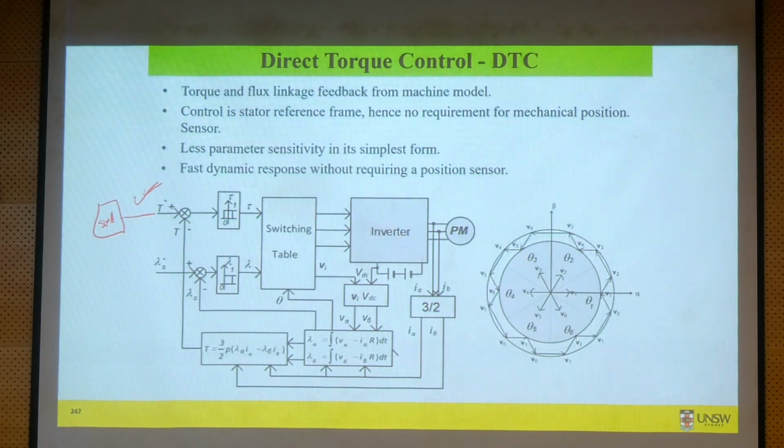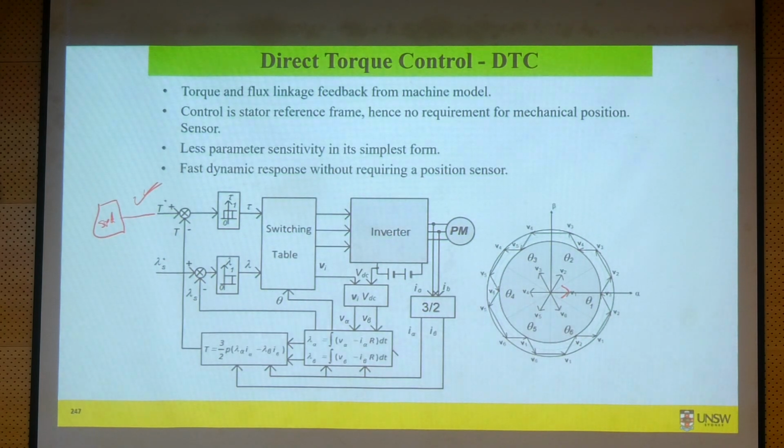But then you may ask me, why don't we use DTC all the time? What's the issue with DTC? The main issue with the classic DTC is that because it is switching table based, you are not producing the space vector continuously. You are producing these space vectors discretely.